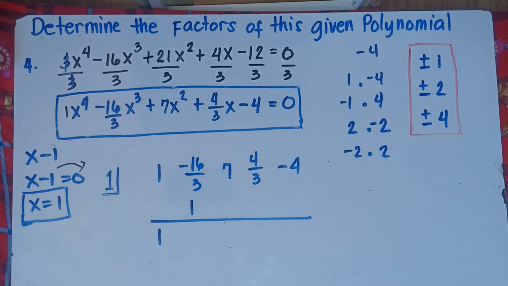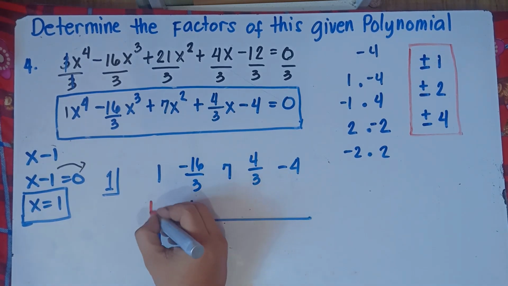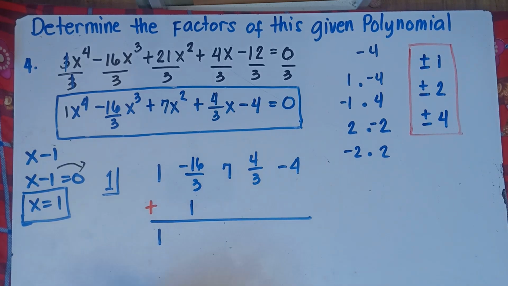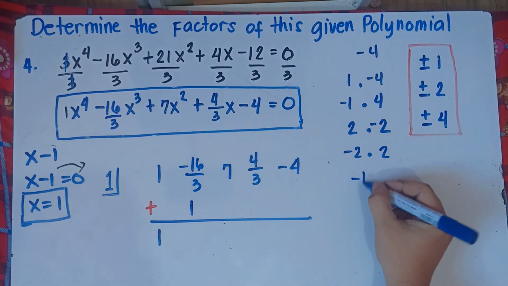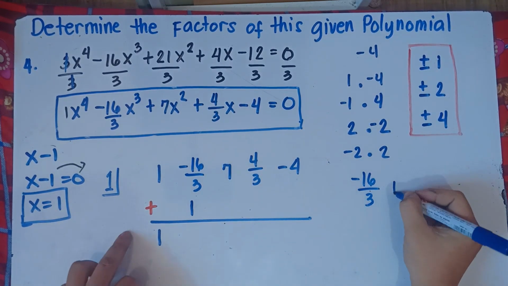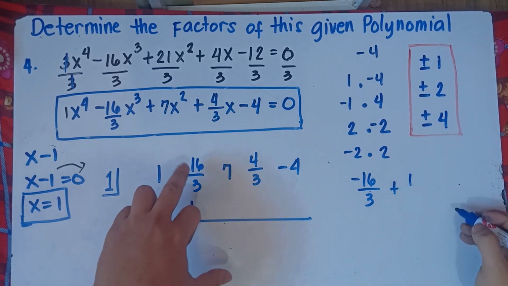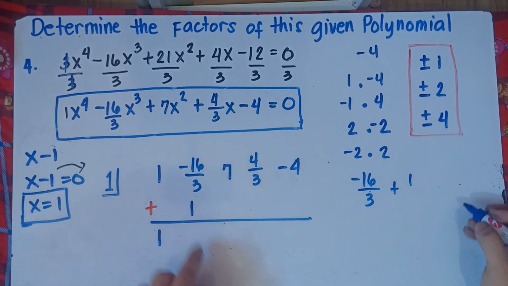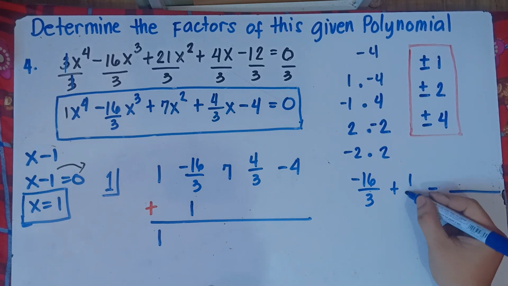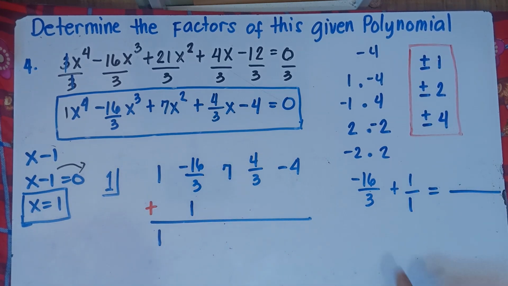Then you combine. So negative 16 over 3 plus positive 1. So understood that there's a denominator of 1. So find the LCD. We cannot add the fractions since the denominators are not the same. You find the LCD, which is 3.